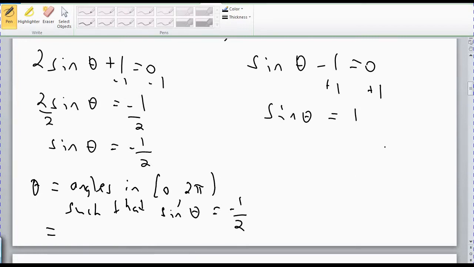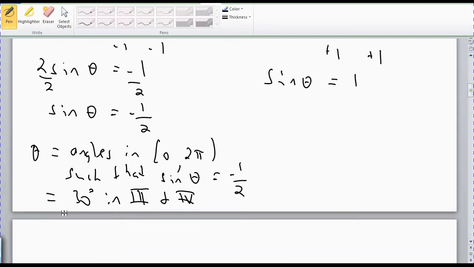And what are those angles? Well, sine of 30 degrees is 1/2. So that means that I need to be in the third and fourth quadrants. So what this actually is, it's 30-degree angles in quadrant 3 and quadrant 4.